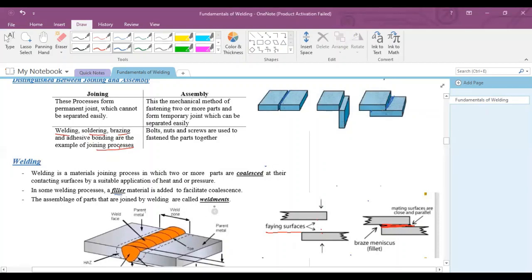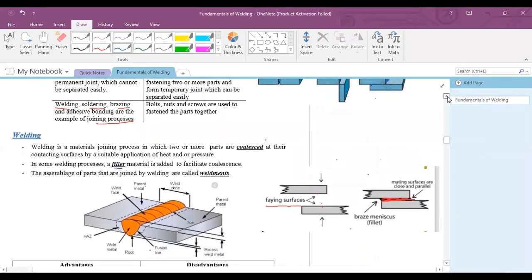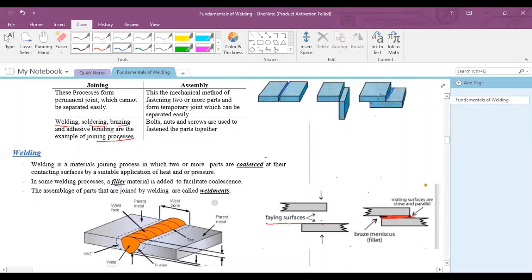When we weld these two parts together, these two parts in welding are called the base metal, because these two parts are going to be joined. And what happens in welding is that heat is applied at this point by an electric arc, and due to this heat, these two surfaces will melt and fuse together.